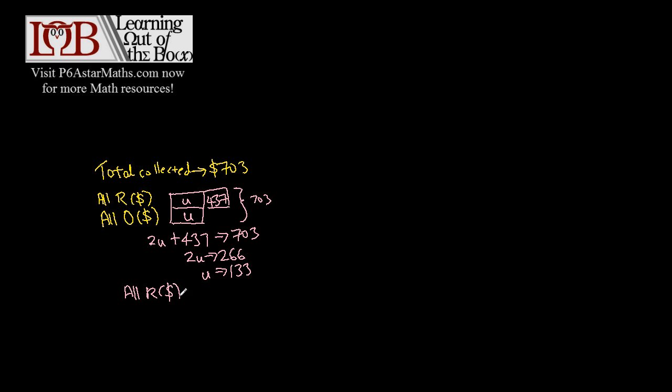So for all the roses, in terms of dollar value, cost 1 unit plus 437, and 1 unit is 133 plus 437, which equals 570. This is the total cost for all the roses.